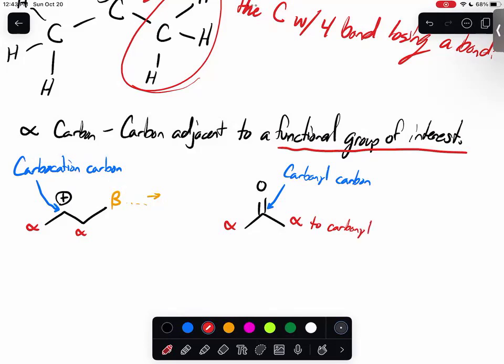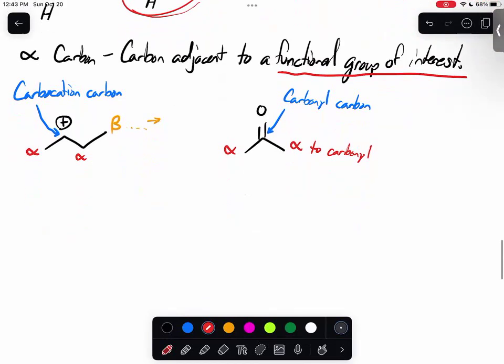Okay? And whenever we're looking at these alpha carbons with carbocations, they have this very fun thing on them called an alpha proton, right? Looking at where this hydrogen sits, it is on an alpha carbon, which means that this is an alpha proton, right?